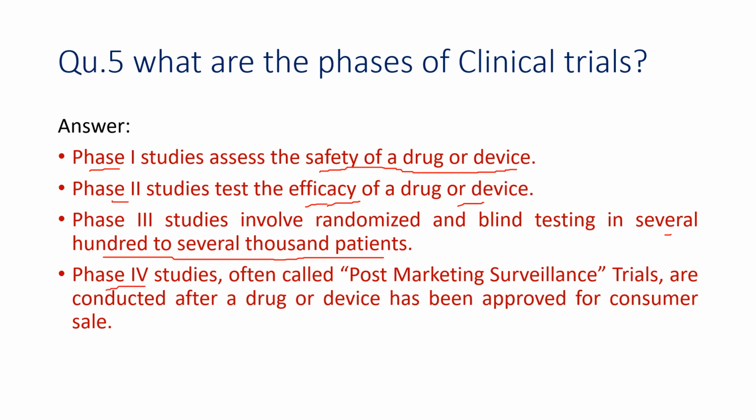Phase 4 is pharmacovigilance, we can say, often called post-marketing drug surveillance. These trials are conducted after a drug or device has been approved for consumer sale. So phase 4 is the pharmacovigilance phase.